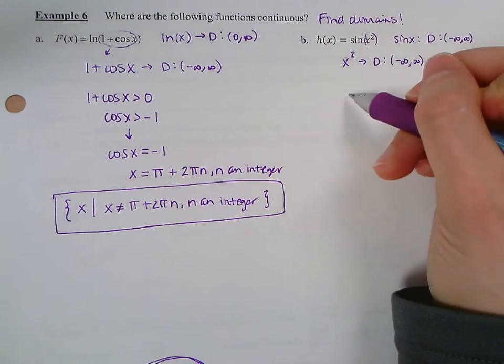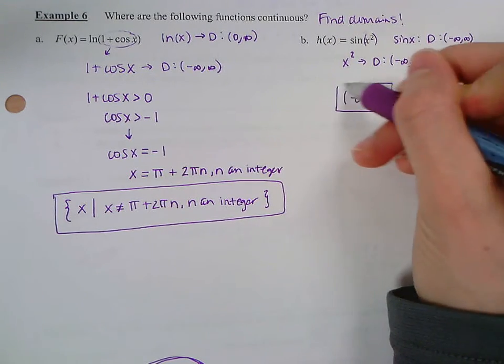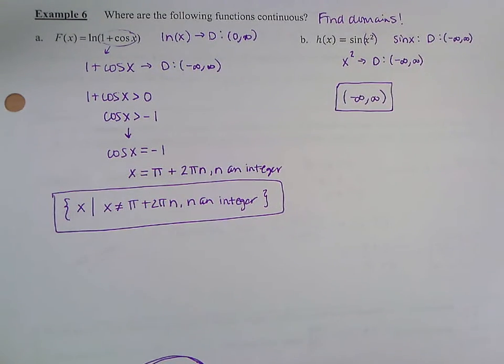So the domain, or where this is continuous, is everywhere, negative to positive infinity. So look at the inside function. Are there restrictions? Outside function, are there restrictions? If there are restrictions on the outside function, you have to apply those to the inside. But again, it's a domain question. It's asking you for the domain.